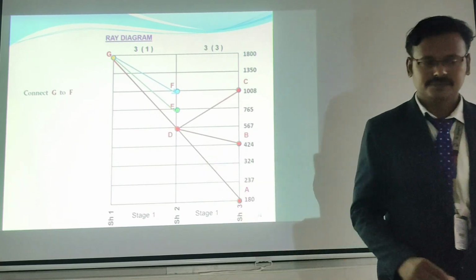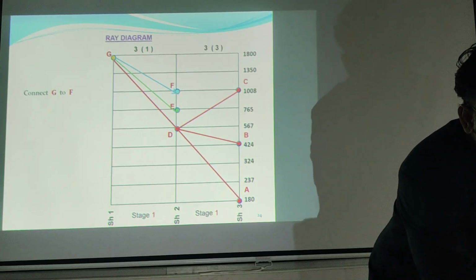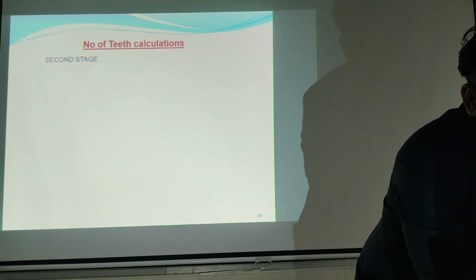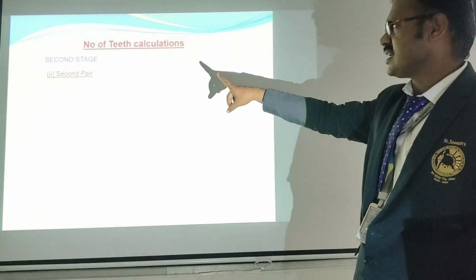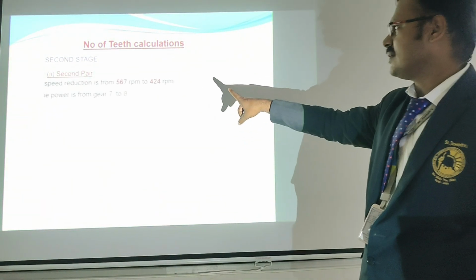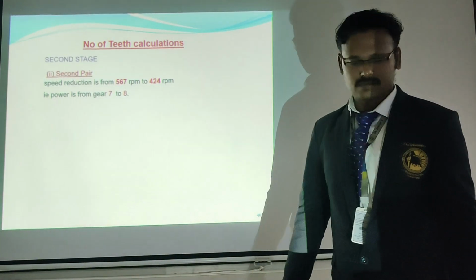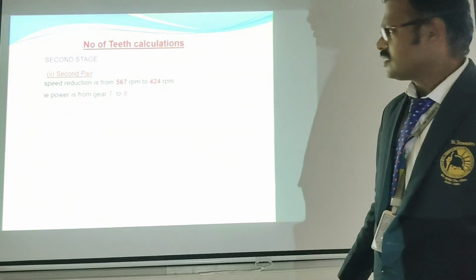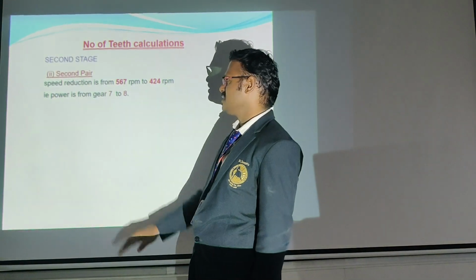Now I am moving to the second pair. In second stage I am choosing the second pair. So for 567 to 424 I am choosing 7, 8. So Z7 divided by Z8 equals N8 divided by N7.